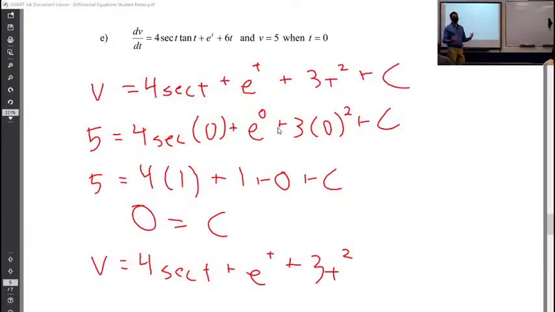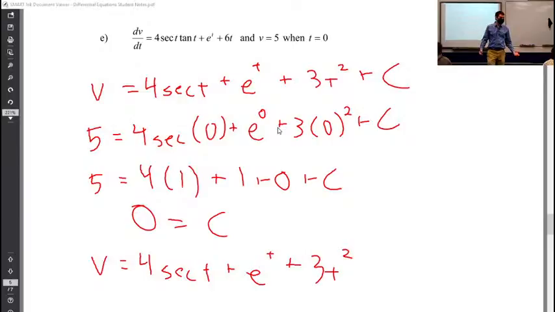So when we start looking at larger free response problems, especially more word problem type things, where they give you the derivative function or a rate function, and they want you to work backwards to get to the integral, part of what they're going to do a lot of the time is give you an initial condition like this.